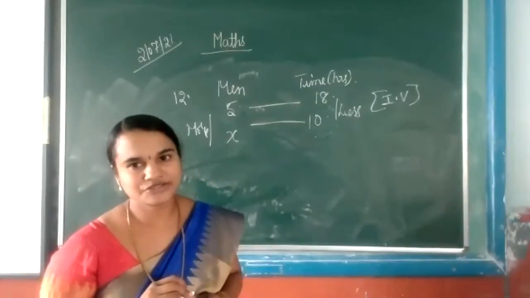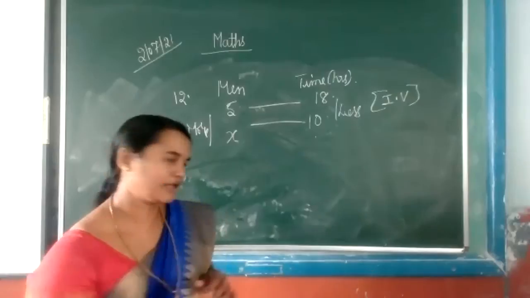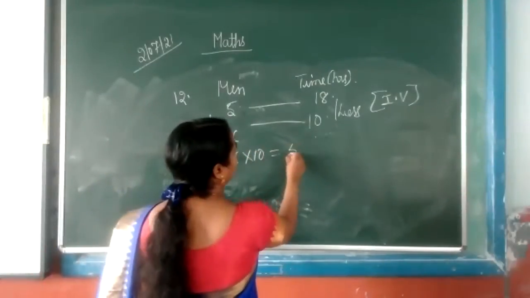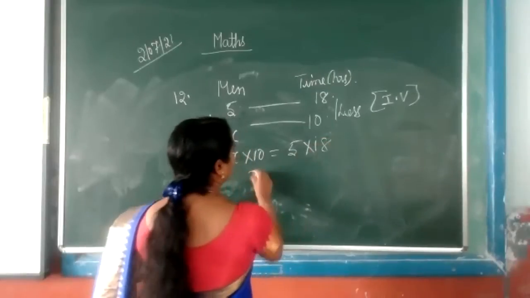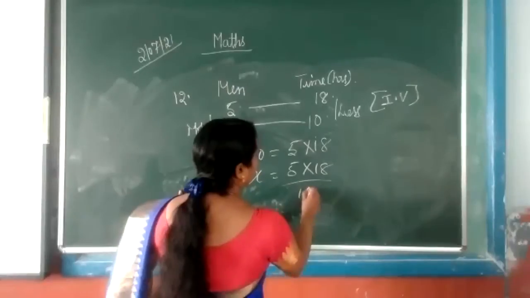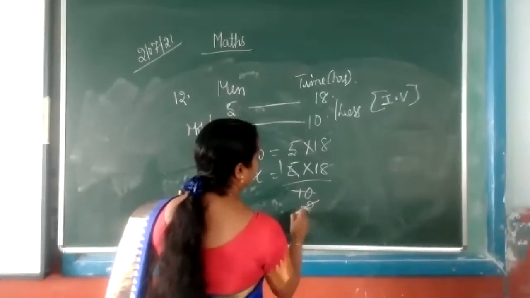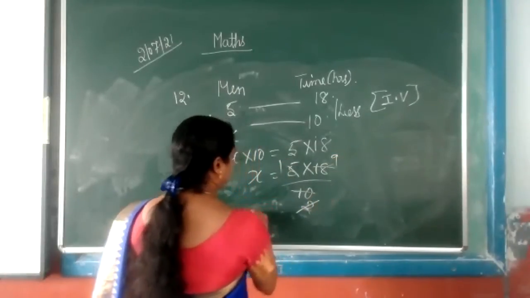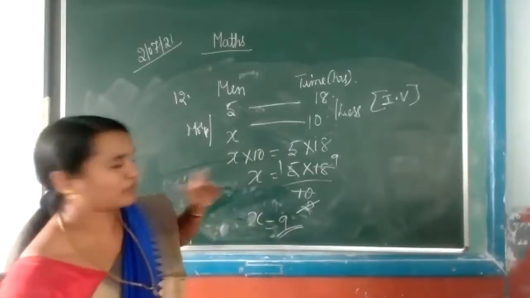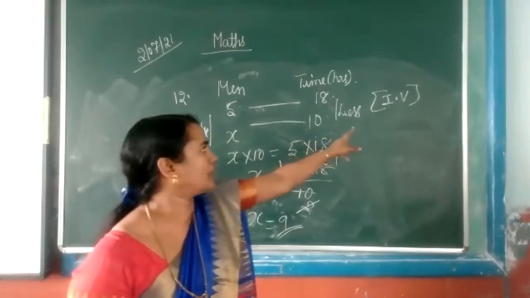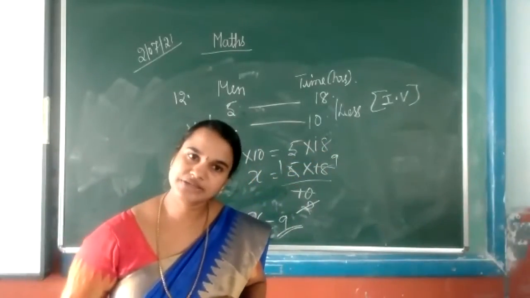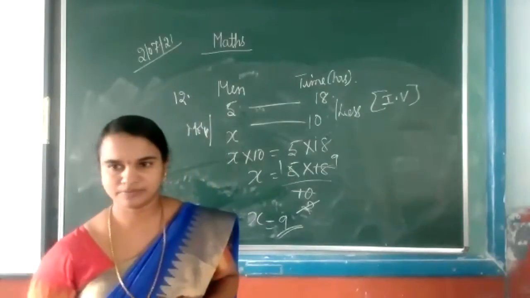Clear? Understood? Okay. So now x equals 5 into 18 upon 10. That means 5 ones are 5, 5 twos are 10, 2 nines are 18. x is equal to 9. So how many men are required? 9 men are required to complete the work in 10 hours. Clear? Understood? Write down now.